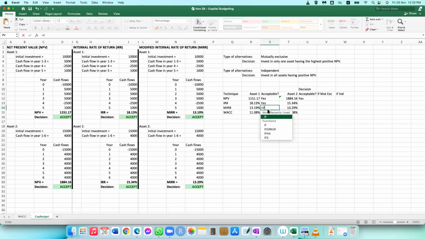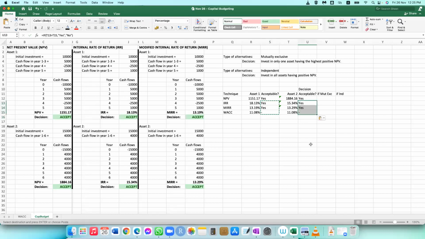Equals if this one is greater than the weighted average cost of capital, otherwise no. And this one is not relevant. We can copy this three as well. It should not be a problem.